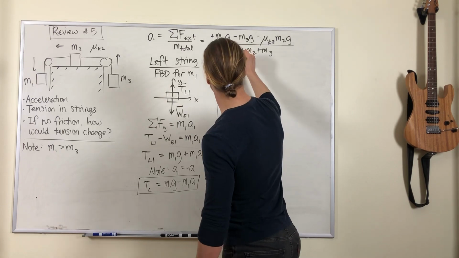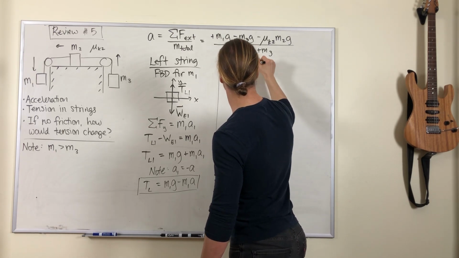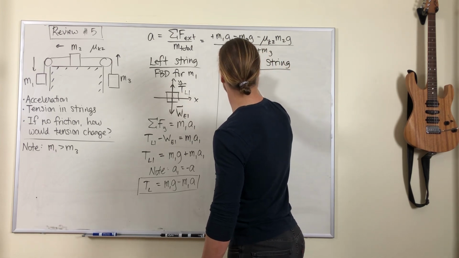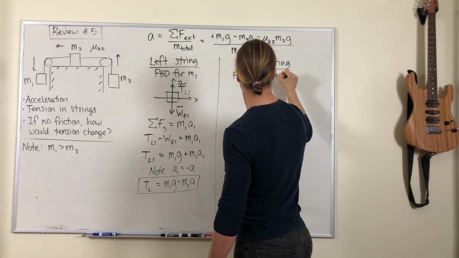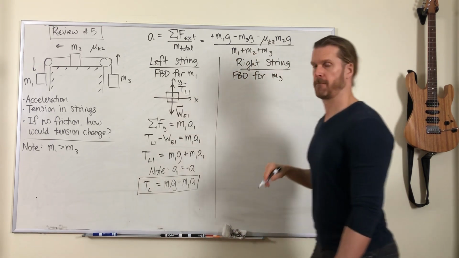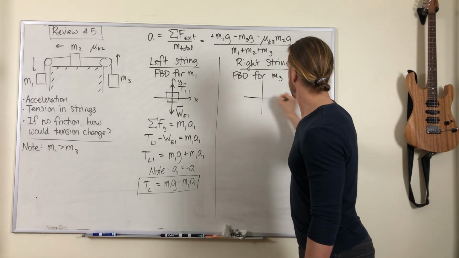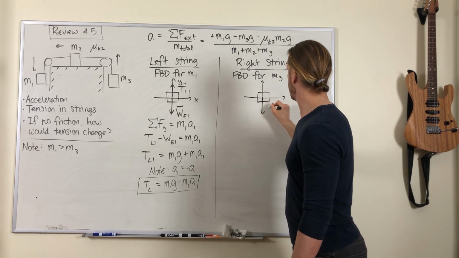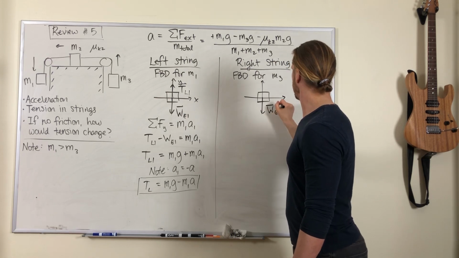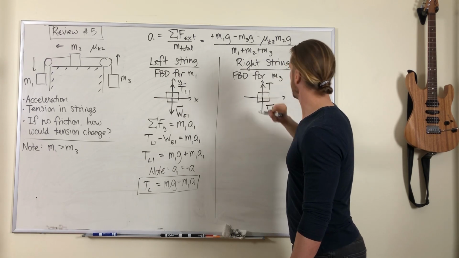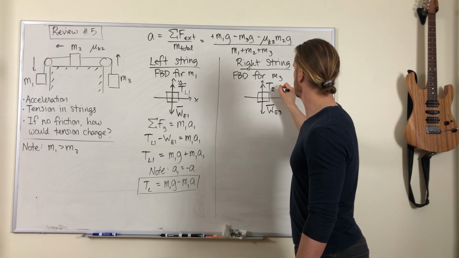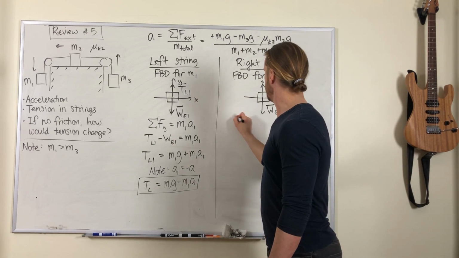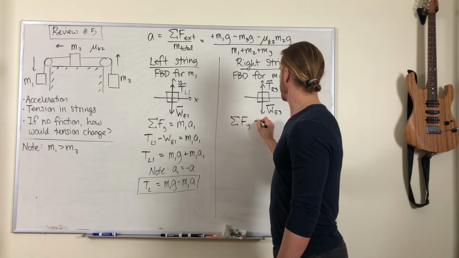Let's do the same thing for the right string. We'll do a free body diagram for M3. This looks pretty much the same. We've got the gravity force of the Earth on mass 3. We've got the tension force from the right string, R, on mass 3. We do Newton's second law in the y direction.